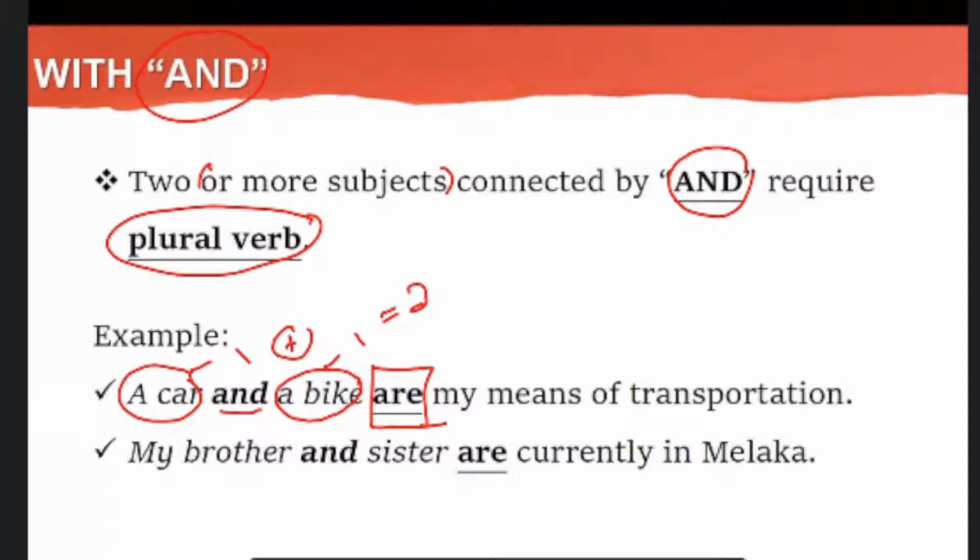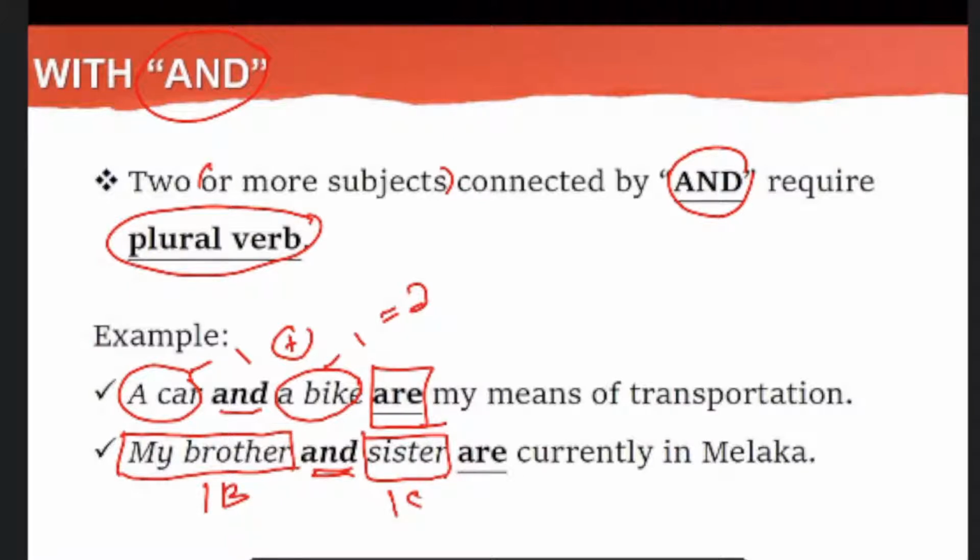Now let's have a look at example number 2. Basically the same rule applies here. My brother and sister. So here you have one brother, and then you have another sister.